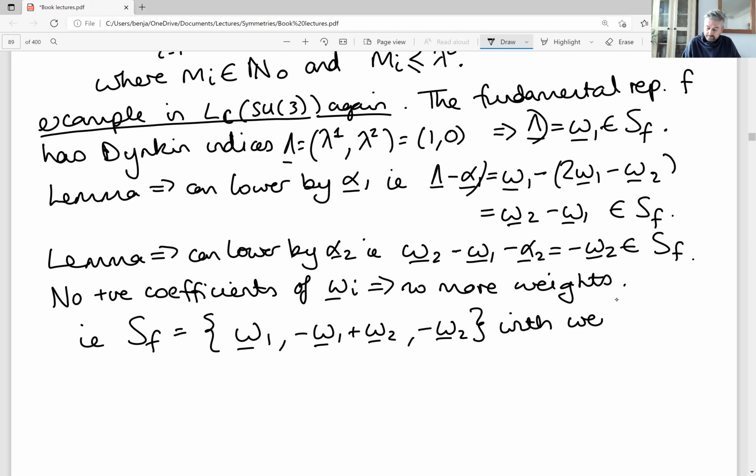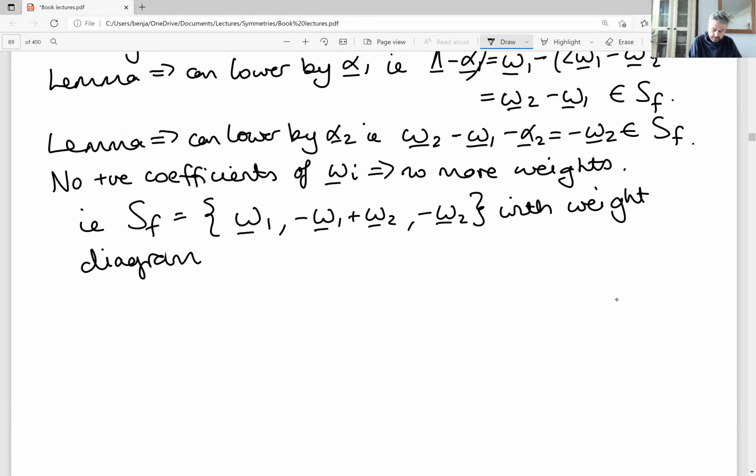So the weight diagram is the following. We draw the two elements of the Cartan subalgebra, H1 and H2. We start with lambda, which is up here. We took lambda minus alpha 1, and then we took lambda minus alpha 1 minus alpha 2.